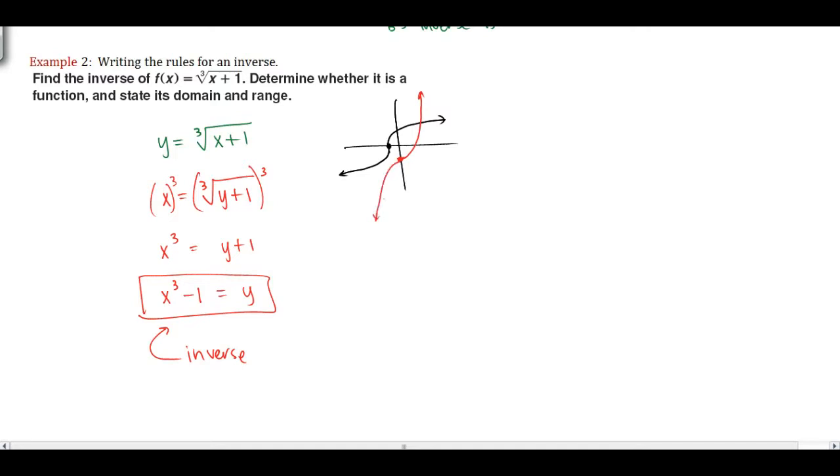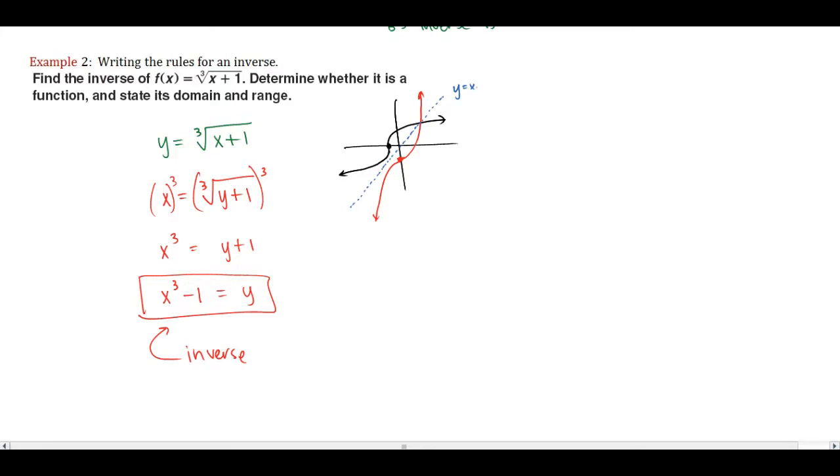And if you're really a visual guy or girl, you will notice that it should be a reflection over this line, and if it is, they truly are inverses, right? If they are a reflection over that y equals x line, then the graphs are definitely inverses, and you can high-five yourself and say, woo, I found it.